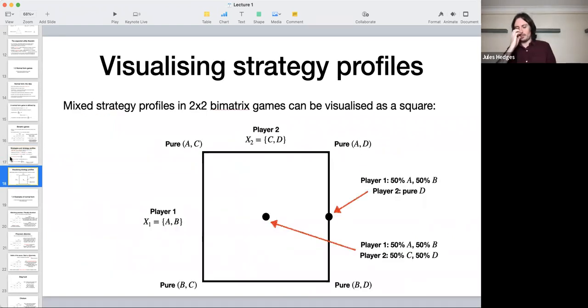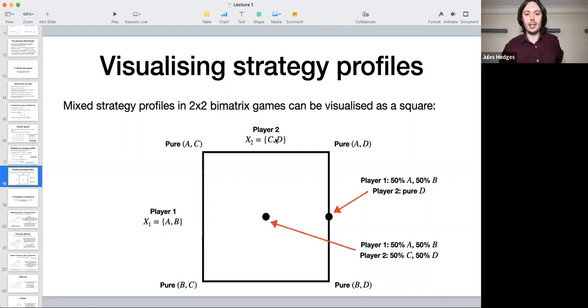So just like you can visualize sets of probability distributions, you can also visualize mixed strategy profiles. So for example, if we have a two-player game, player 1 has moves A and B, and player 2 has moves C and D. So here I've written player 1, x1 equals AB, x2 equals CD.